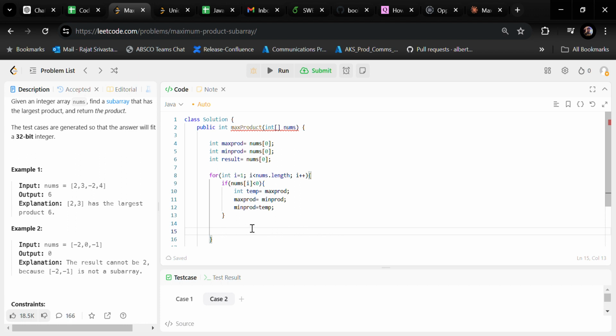Other than this, we calculate maxProd as Math.max between nums of i, or nums of i multiplied by maxProd.